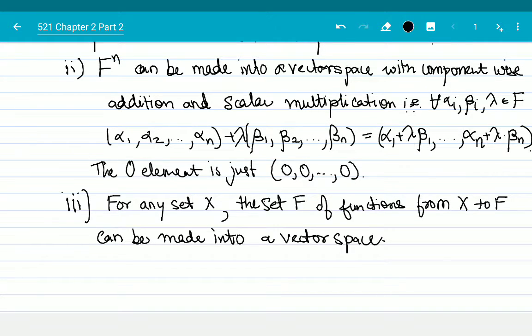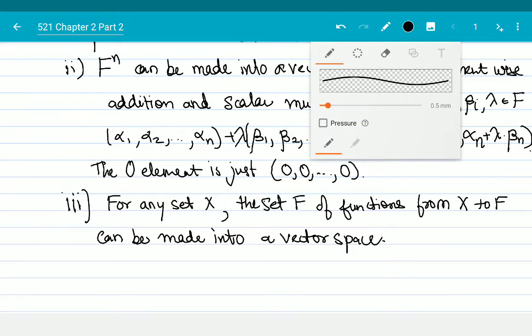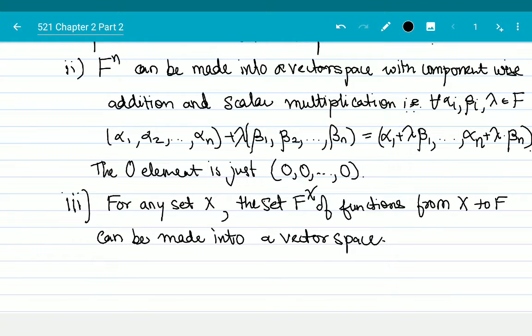But it is an important enough case. We are more likely to deal with F to the n than F to the X for random sets, so we are mentioning that separately.